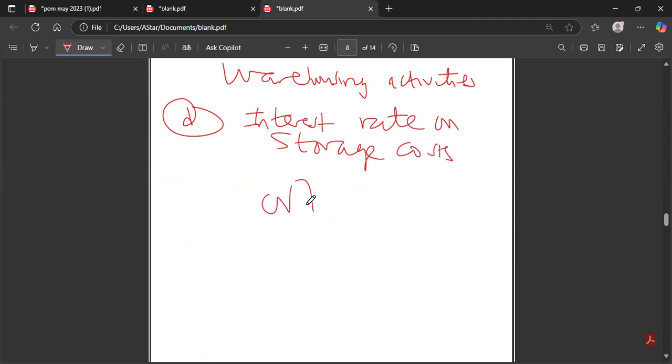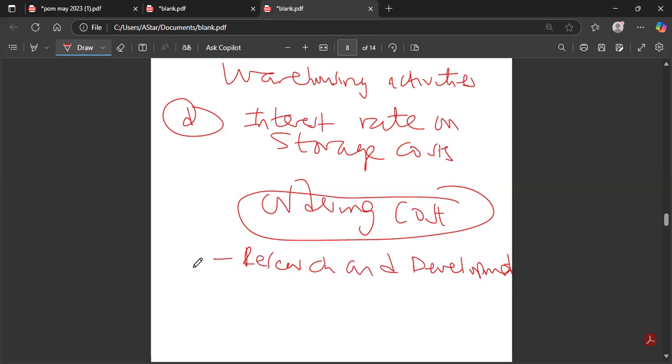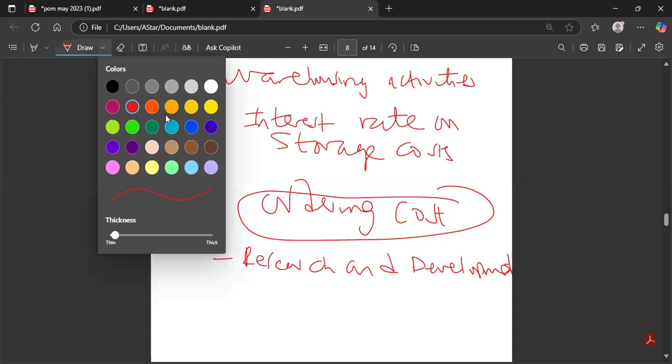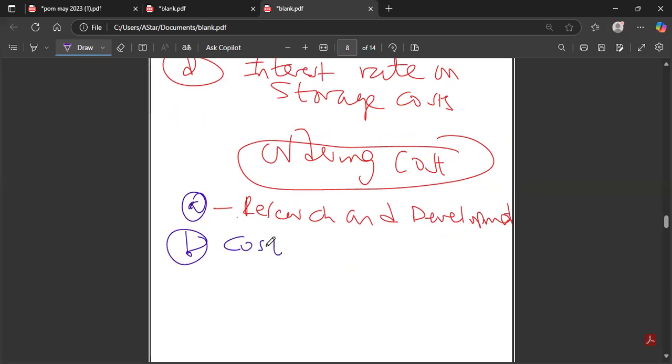What about ordering cost? Ordering cost, the first one is research and development. It's part of ordering cost. Are we together? You cannot order something that you can't research on. You want a vehicle, you need to research on it. Cost of inspection.